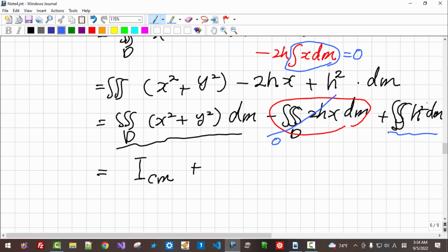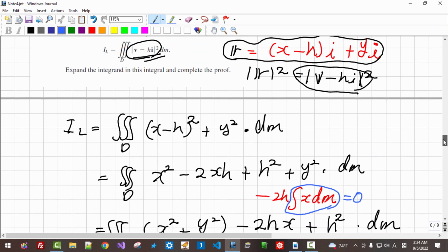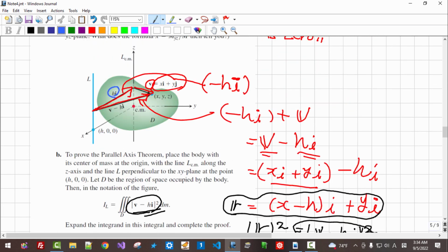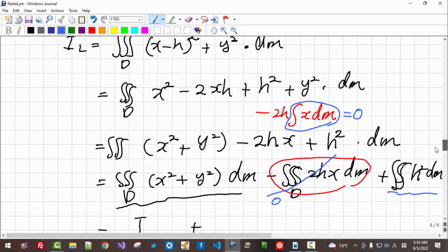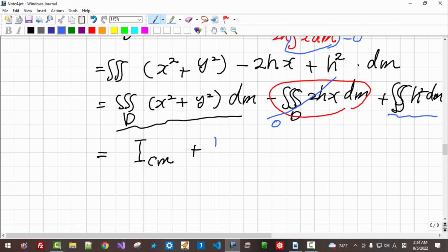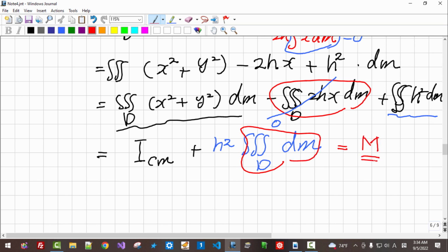This term h is constant. So h squared times the integral of dm over D, this is mass m.